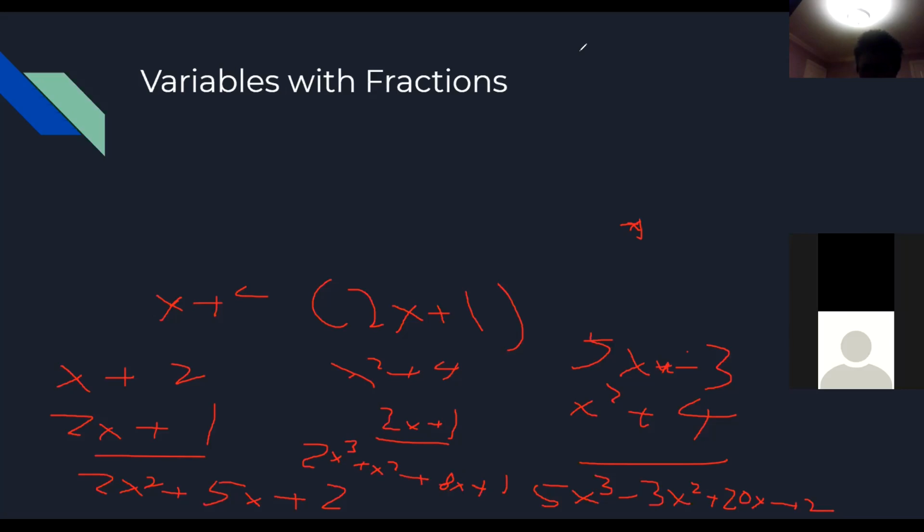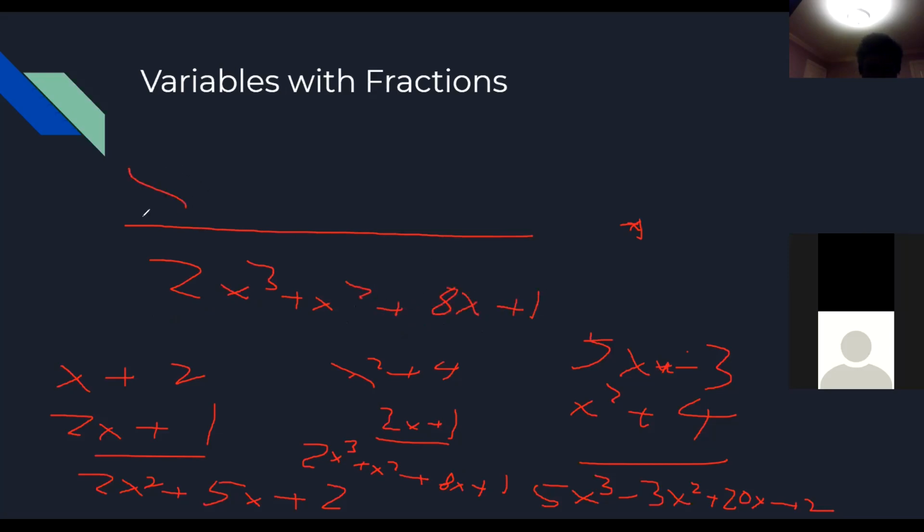So our final fraction would be 2x cubed plus x squared plus 8x plus 1 over... minus x squared plus 25x minus 10 after we combine like terms between these two.